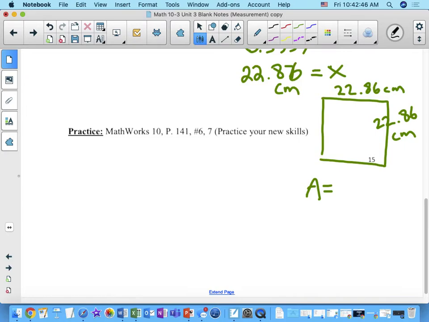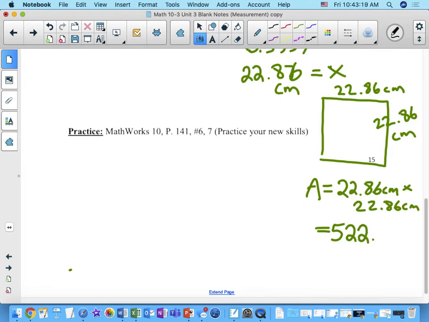How would you figure that out? Multiply them together. So 22.86 centimeters times 22.86 centimeters, and that comes out to be, I don't know, 400 something? 500.